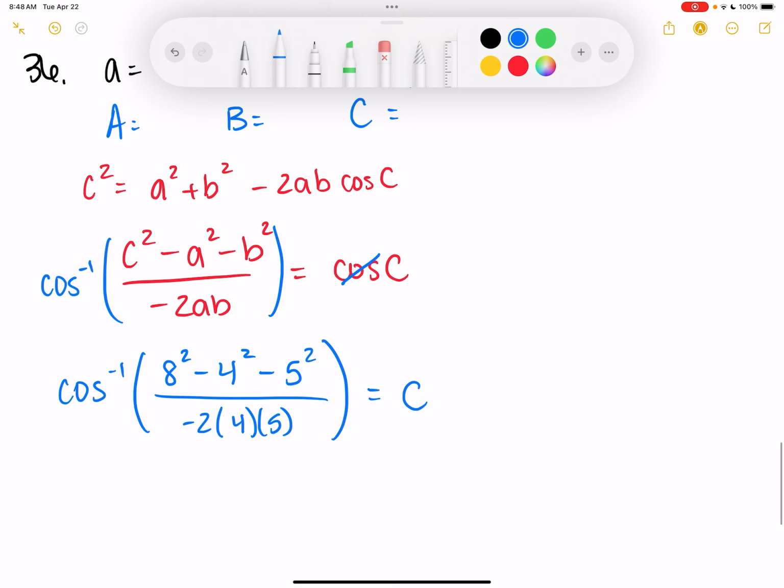So when I type that in, I just got to be really careful about it. Like I said, I like to use the fraction bar when I do it just because I think it's easier: 8 squared minus 4 squared minus 5 squared all over negative 2 times 4 times 5. So angle C is 125 degrees.